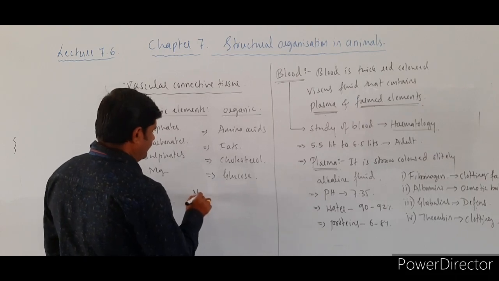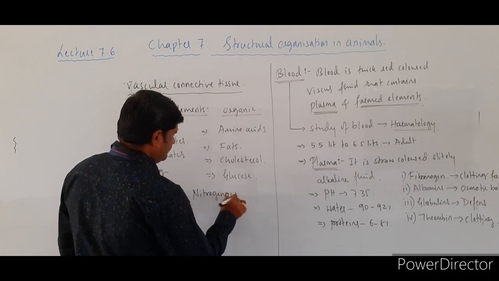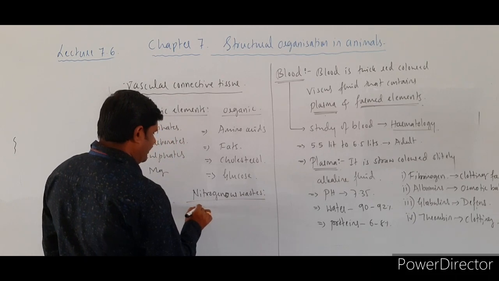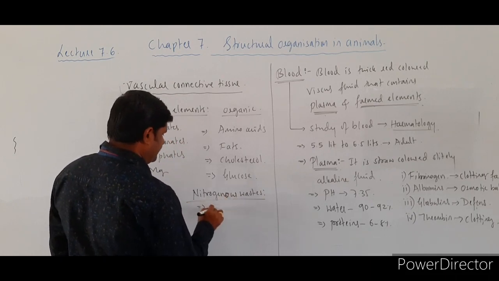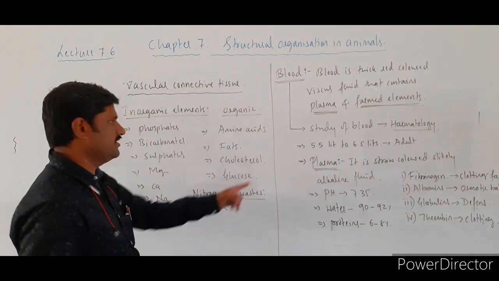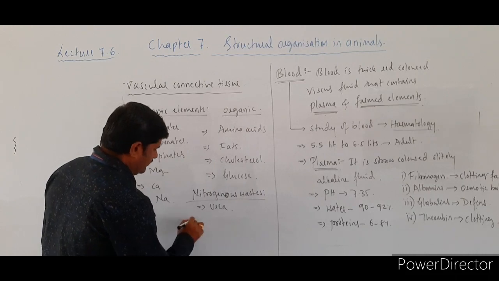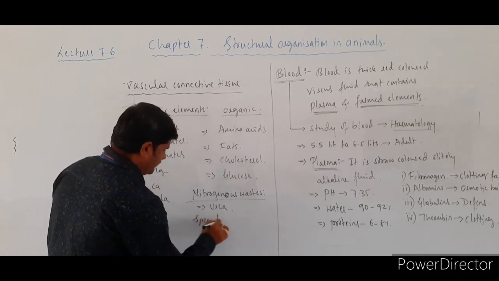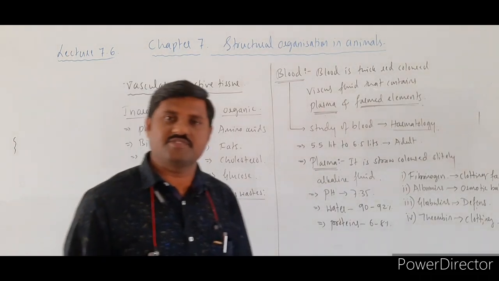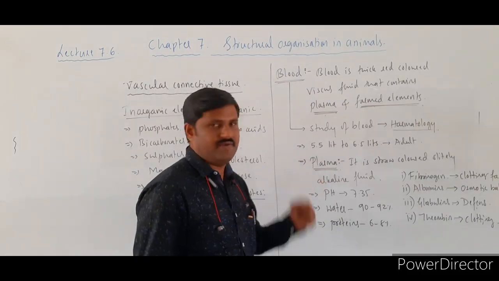Some nitrogenous wastes are also present over here. The chief nitrogenous waste is urea. It's very important. Urea is also present in the plasma, and apart from this, some special substances are also there. What are those special substances that contribute to this plasma?